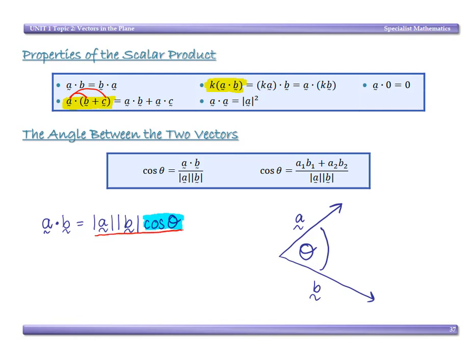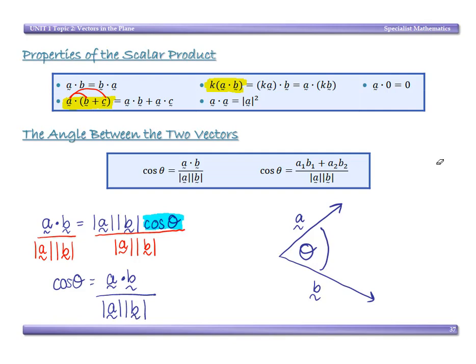So if we had all the information and we wanted to find the angle instead, we would divide both sides by the product of the magnitude of the two vectors. So that gives us cos theta equals the dot product over the product of the magnitudes.